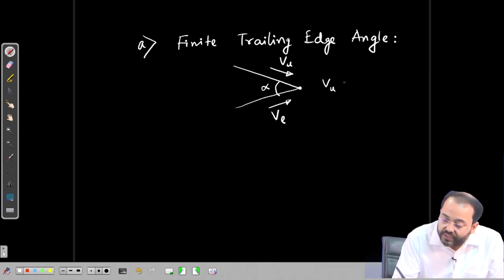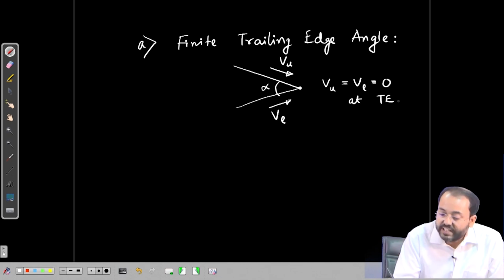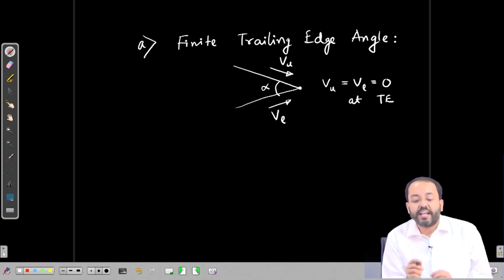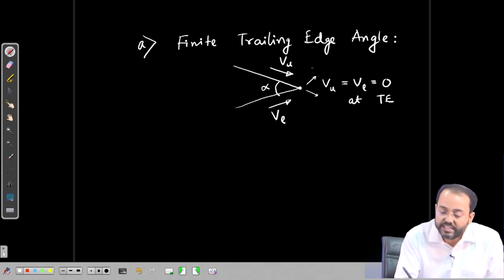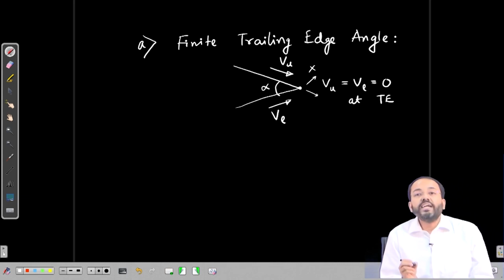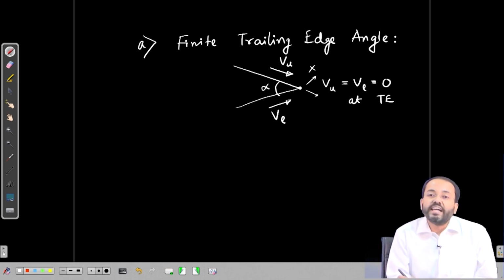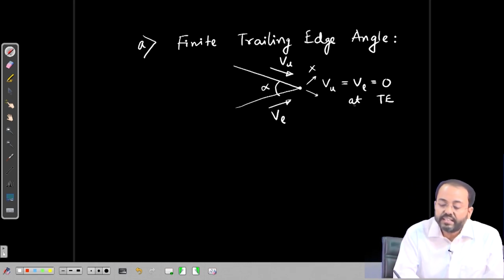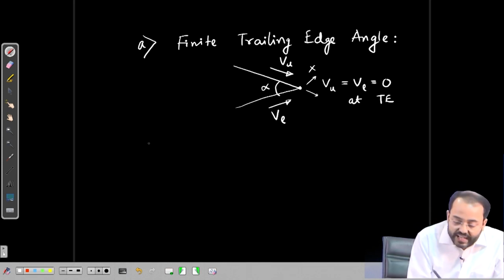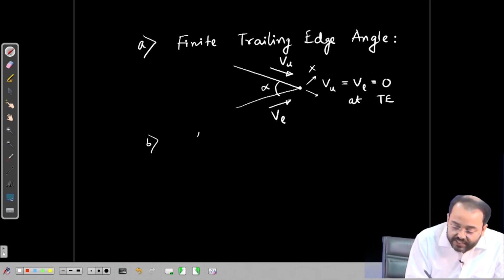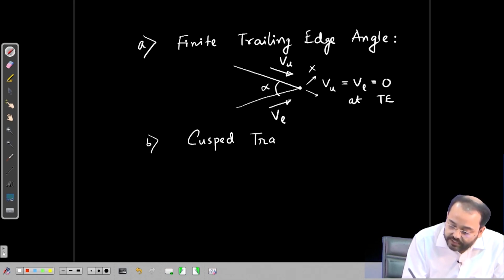So, Vu equal to Vl equal to 0 at the trailing edge, because at a particular point we cannot have two different velocities in two different directions. So, this is not possible. That is why for finite trailing edge angle we will get a condition where the velocity at this trailing edge should be 0.